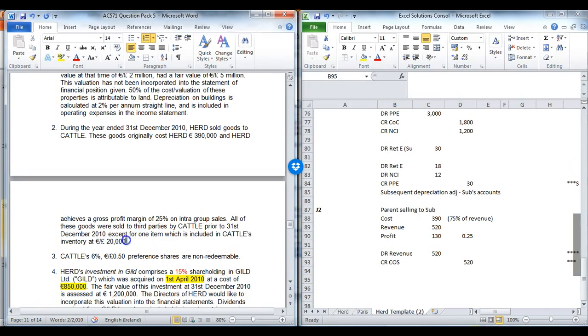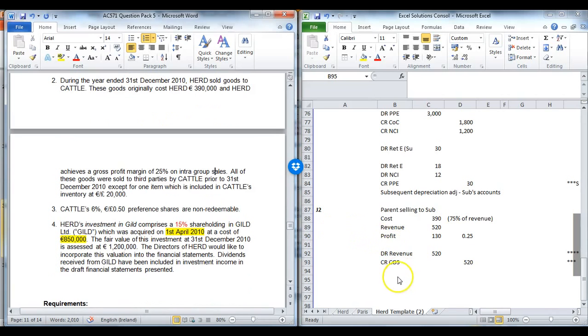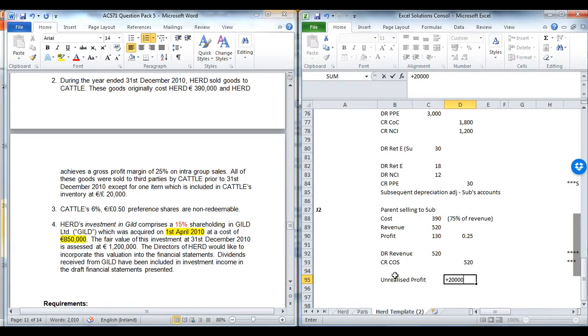So what you're thinking is, well, the unrealized profit here is 25%. This is how much Cattle paid for it. Therefore, that includes a 25% margin. So unrealized profit, put it here, is 20,000 times 0.25. So it's 5,000. And remember, the unrealized profit is sitting in the parent's accounts because the parent made the sale.